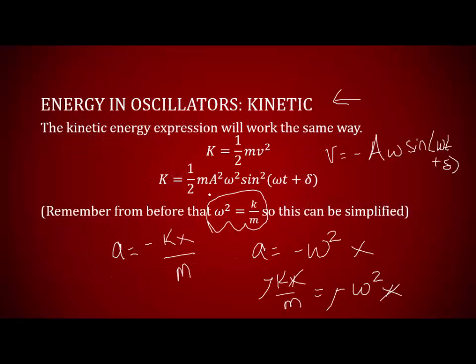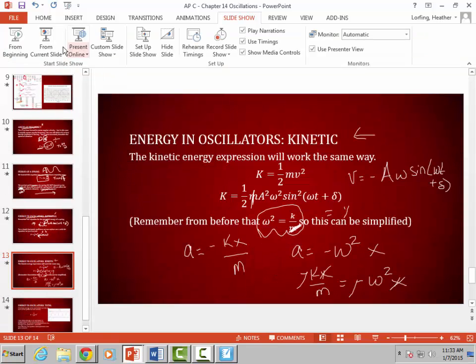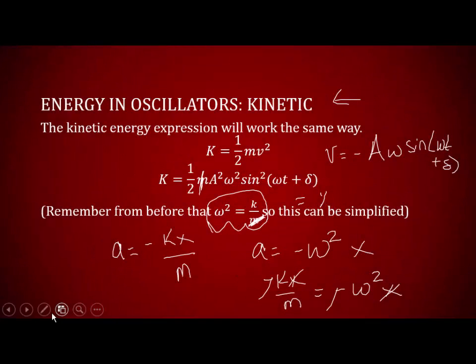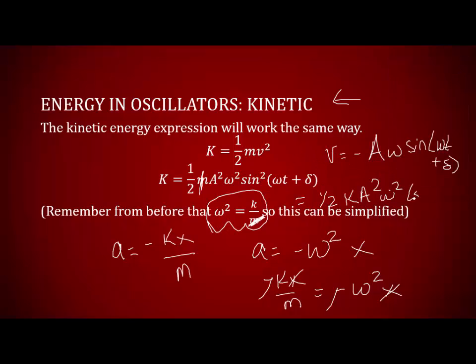So if you put that into this expression, it will allow the m's to cancel out, and you're left with a little bit of a cleaner way to talk about this. We can say 1/2 k A squared omega squared sine squared of omega t plus delta.